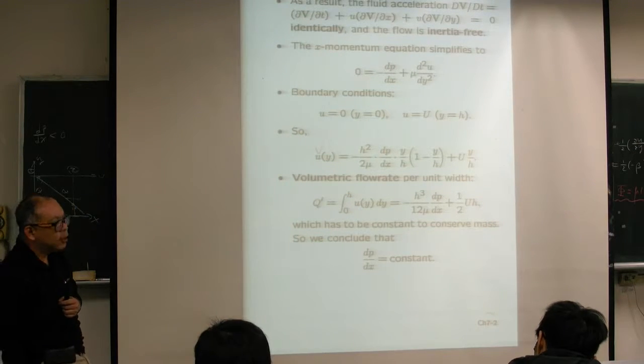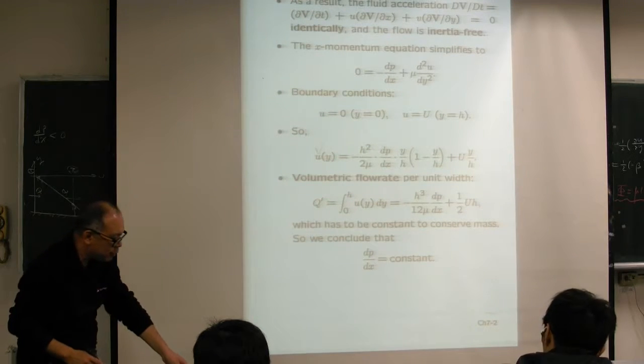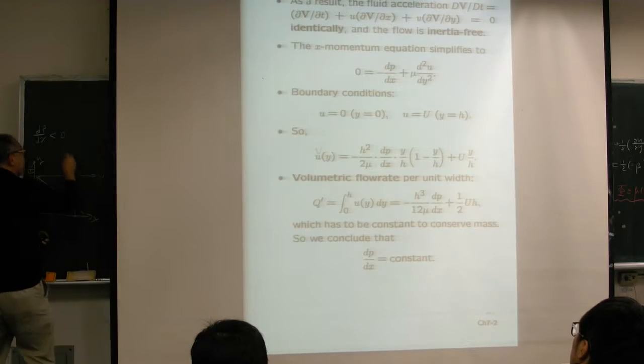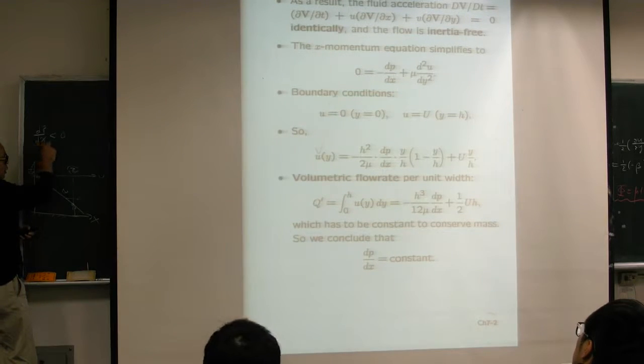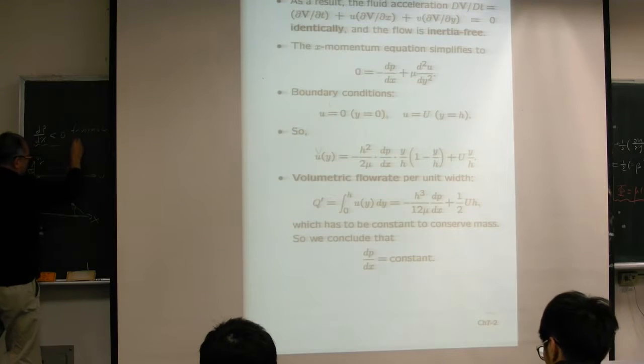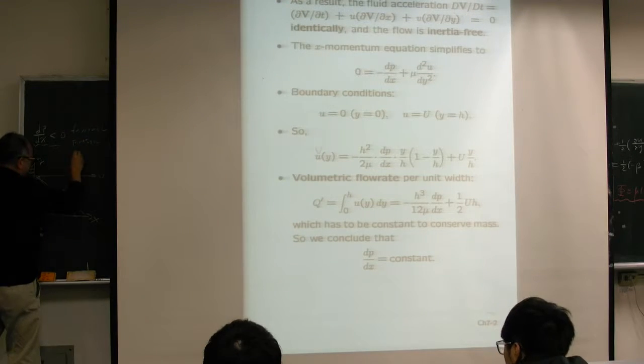So for this kind of pressure gradient, dp/dx is less than 0. We call this pressure gradient what? Anyone know what this pressure gradient is? Favorable pressure gradient. There's a special term for this.